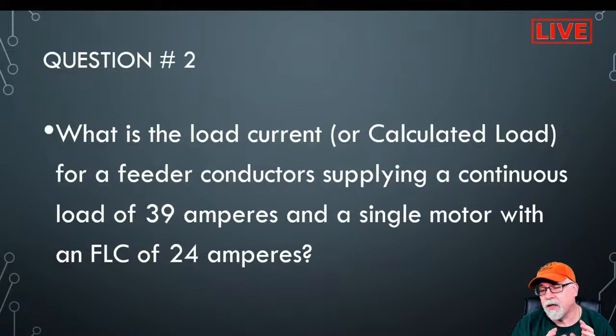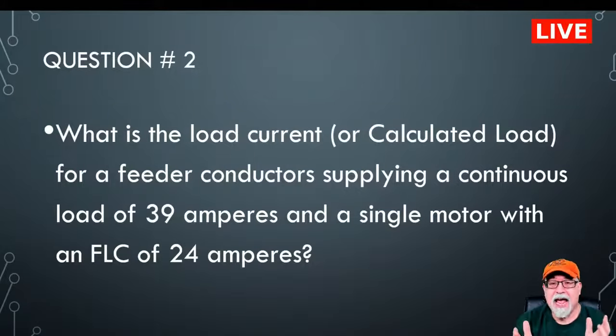In this question, don't overanalyze it. They have given you the FLC already. No need to go to the back in 430.248, 249, or 250 to get those FLC values of motors. Doesn't matter, they gave it to you. Be happy. Simple question to answer at this point. So 39 amps continuous load, and we have a single motor.